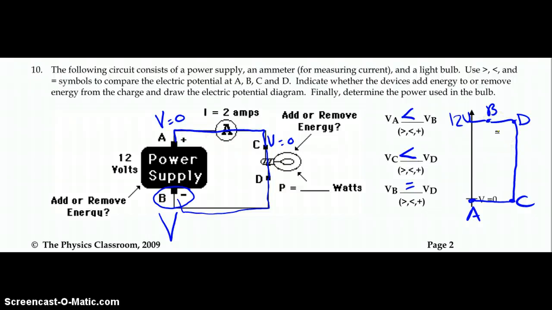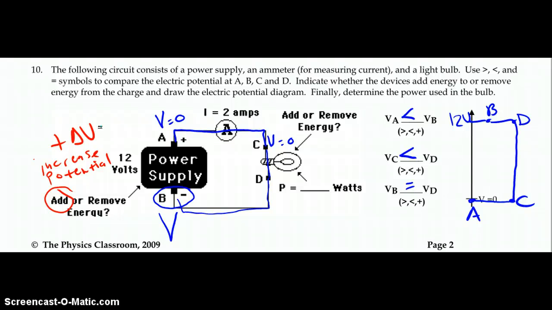Okay, now in terms of add or remove, again, power supplies will add energy, so they will give us an increase of our potential. So we usually think of them as a positive potential difference.